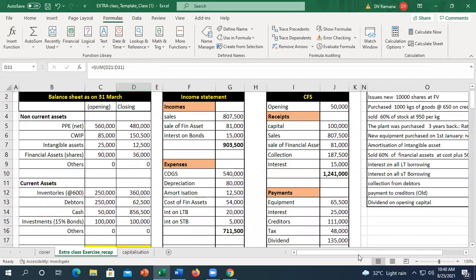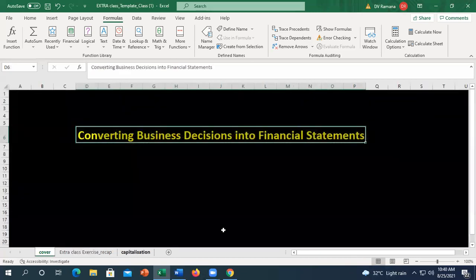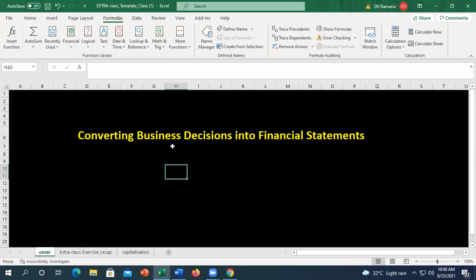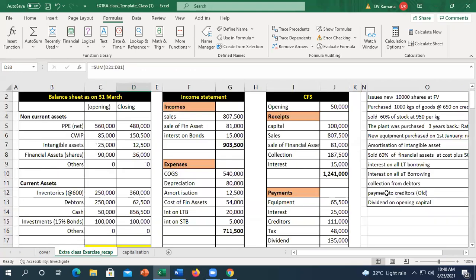So the purpose behind this exercise is to understand some business decisions and convert them into financial statements. But the focus was more on the depreciation, the COGS, and amortization.